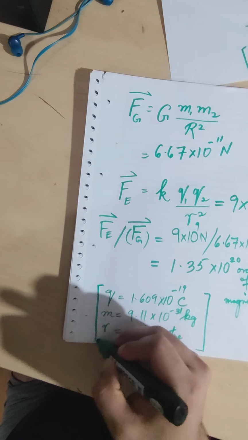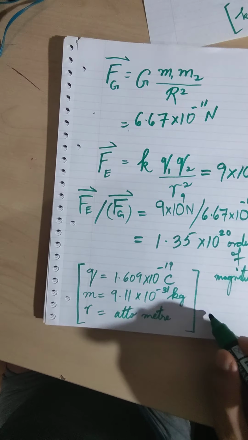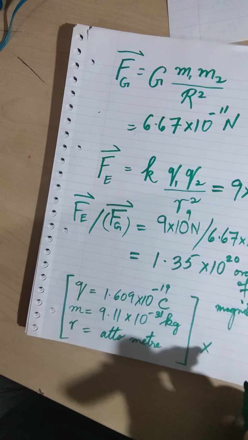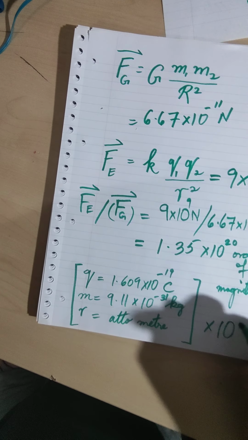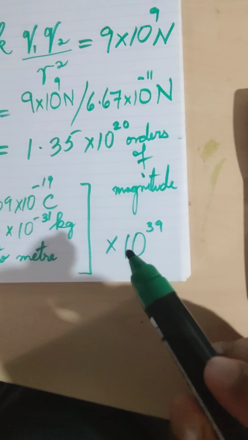For that particular comparative analysis, you'd get something in the order of 10 to the 39, like 10 with 39 zeros after it.